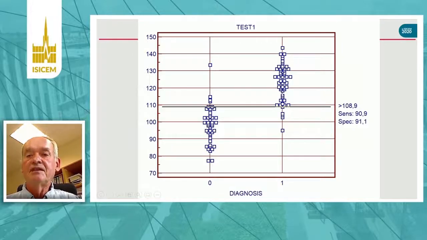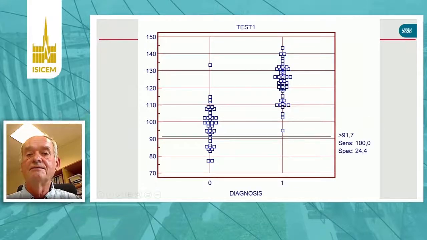And you see, obviously, the positive patients have a higher value of this unknown biomarker, whereas the patients without the diagnosis, it's much lower. If you just take a value here in the middle, about 109, you reach a sensitivity of 90 and 91, so very nicely. And this test, of course, if you test it with a t-test, is highly significant.